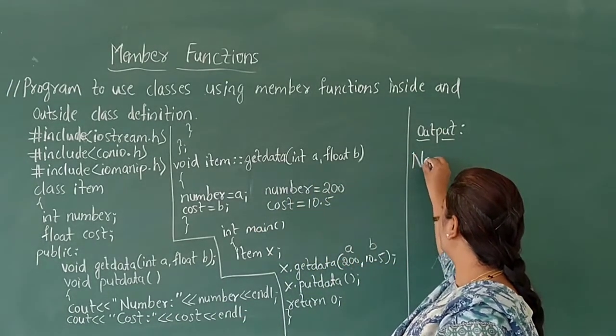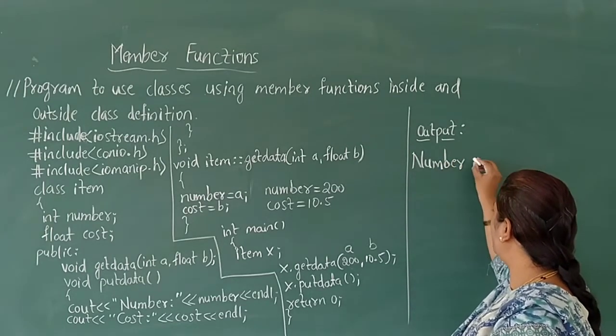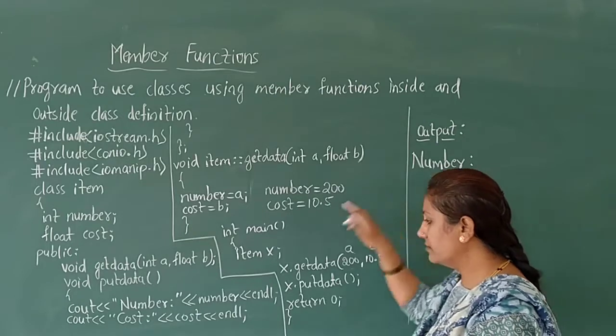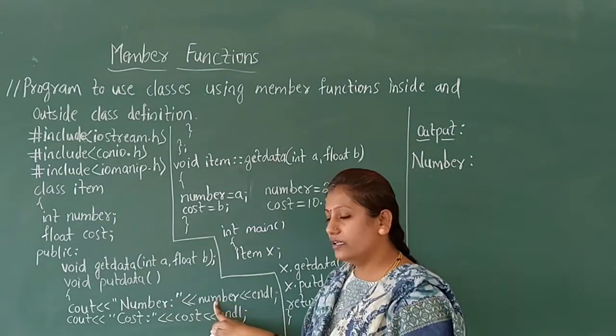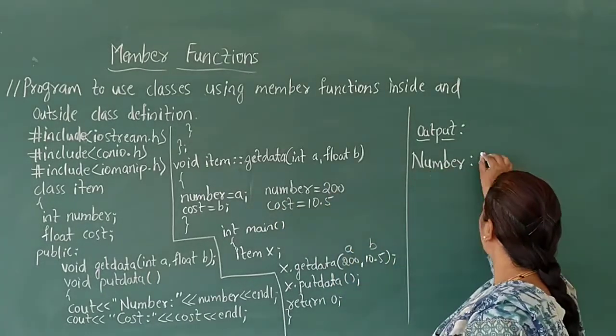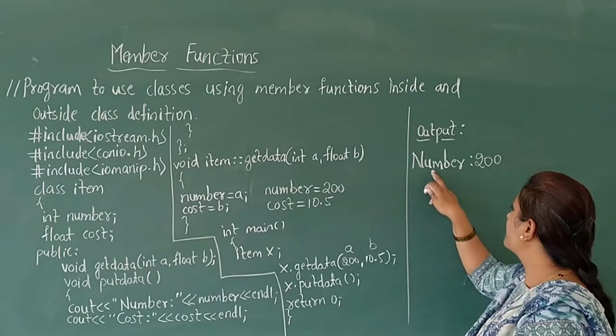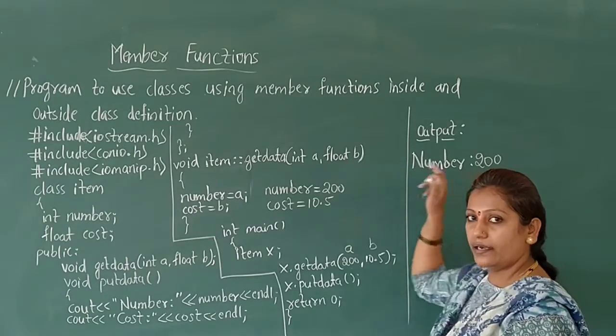In the output it displays this statement, number is equal to, and here it displays the value of number. The number value is 200. Then it prints the number 200.